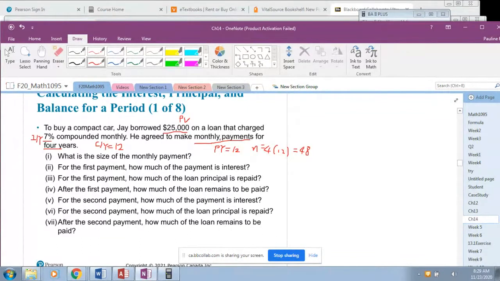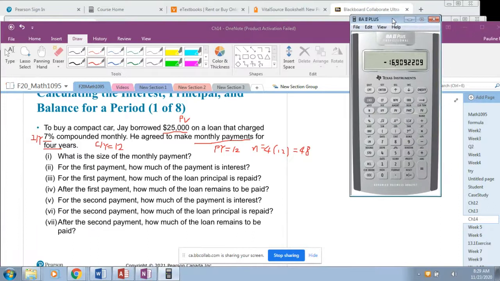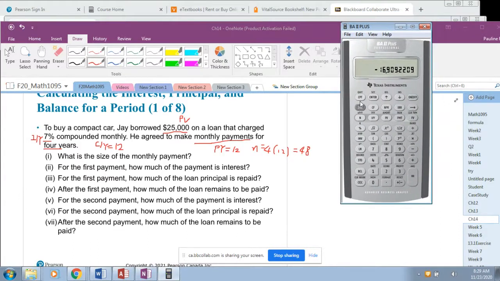So question 1, what is the size of the monthly payment? On the calculator, press second, quit. Make sure it is in end mode. If nothing is said about end or begin, consider it end. Then second, PY is 12. Down arrow, CY is 12, correct. Second, quit.